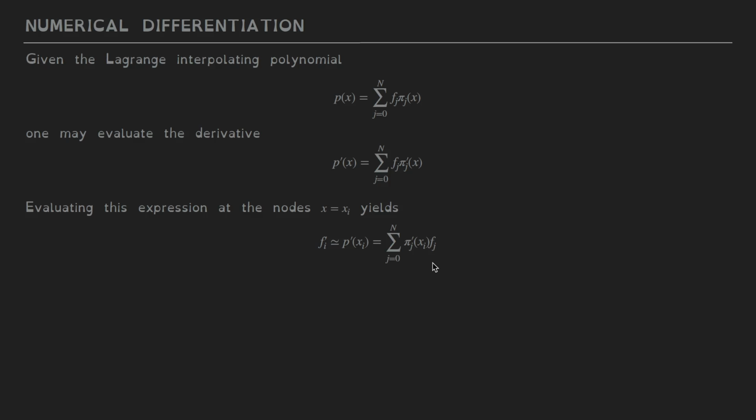We managed to write this operation as a matrix operation, where the matrix Dij amounts to the derivative of a Lagrange basis polynomial Pj of x evaluated at a node xi, and we call that matrix D or Dij.